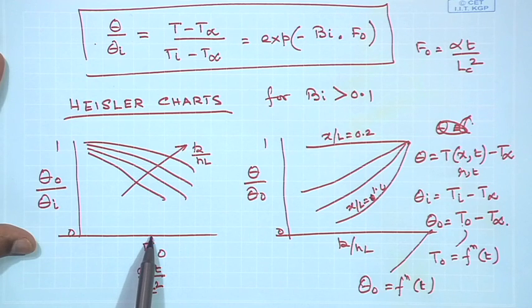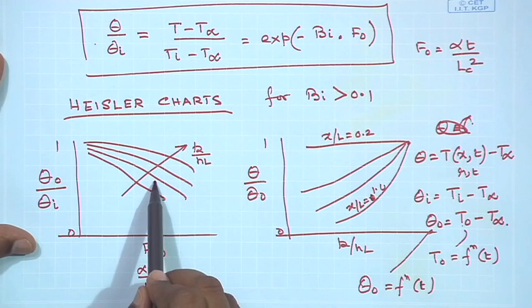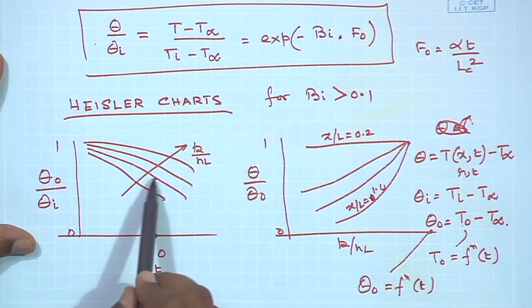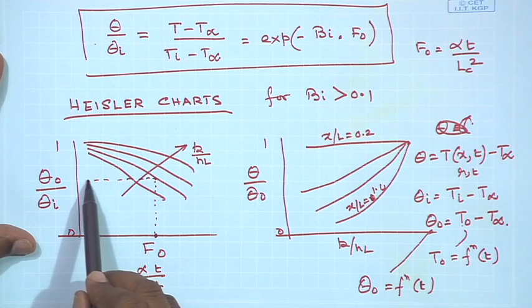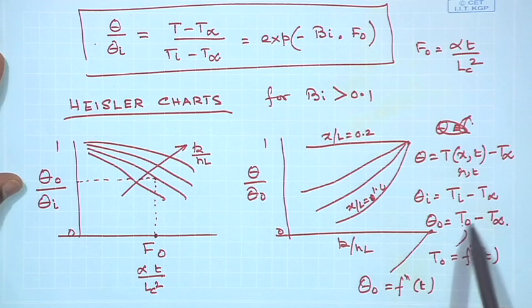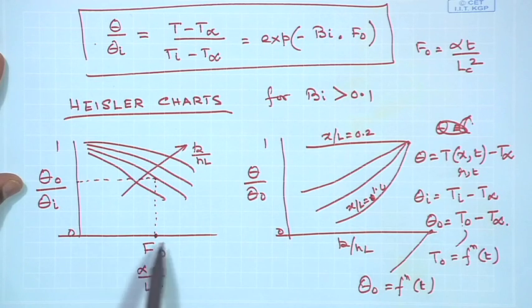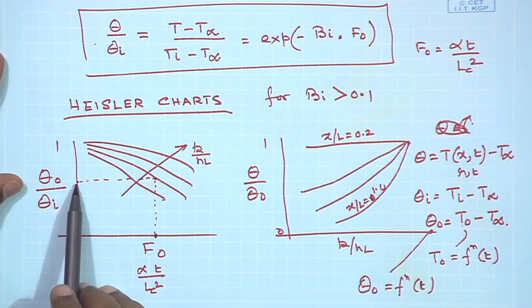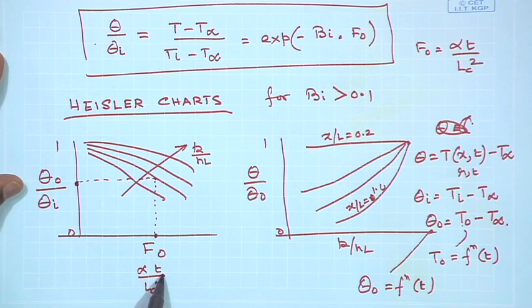So, at different values of time, I can calculate the Fourier number, and I go corresponding to this k by hL, the numbers of which are known to me, and I come over here and I get the value of theta naught, which is T 0 minus T infinity. So, this first curve gives me the temperature of the center line of the object as a function of time.